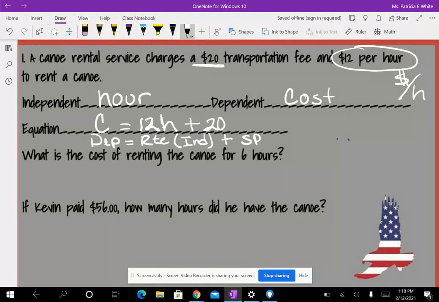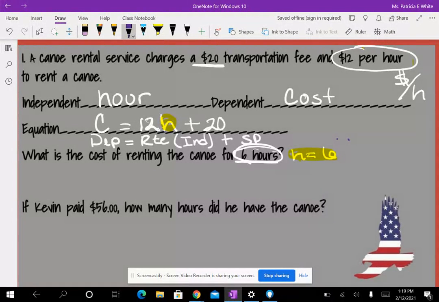Okay? All right, so my first question is, what is the cost of renting the canoe for 6 hours? So hours, right? 6 hours means that H is equal to 6. So I'm going to take out the H, and I'm going to put in the 6.